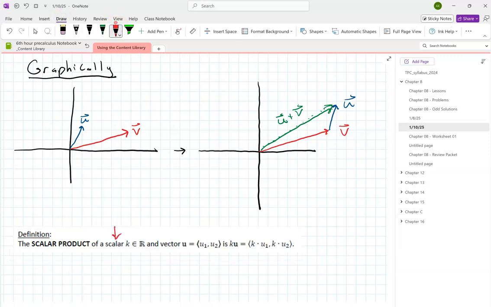So when we say scalar, what we're talking about is just like a regular number, like 2 or -5 or 18. We can multiply a vector by a number, and the way we do that is we just multiply each component of the vector by that number.